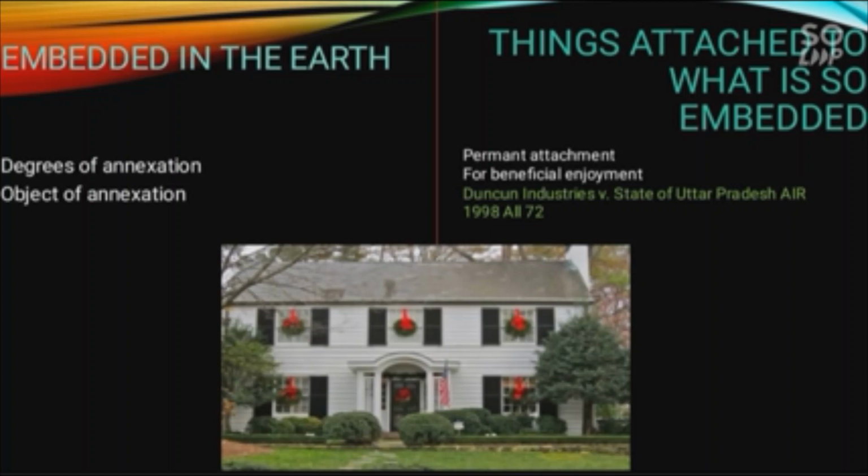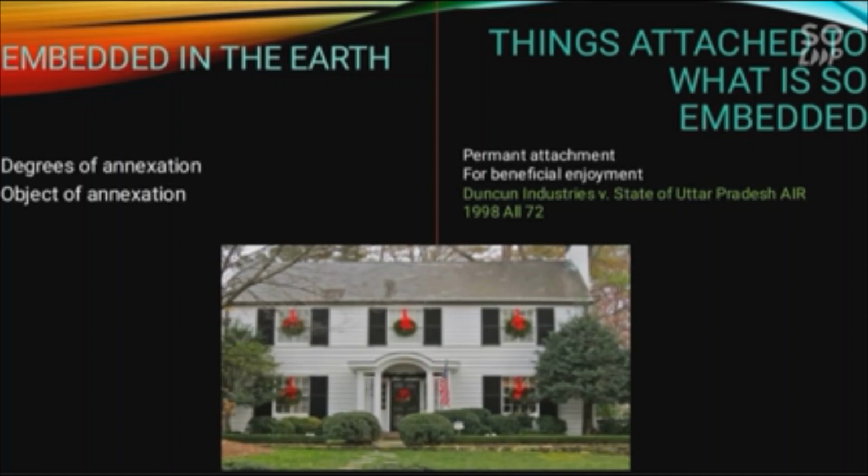For better understanding, now we can go through a case, that is Duncan Industries versus State of Uttar Pradesh. In this case, a company was asked to pay the stamp duty on their property, but they paid only for the land and not considering the plant and machinery which was included in their land.